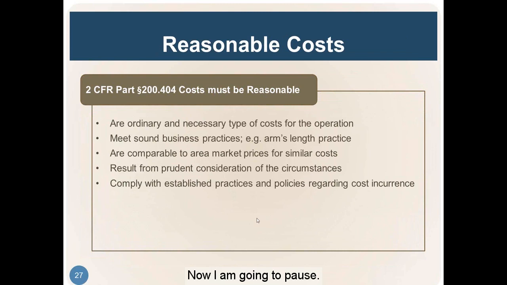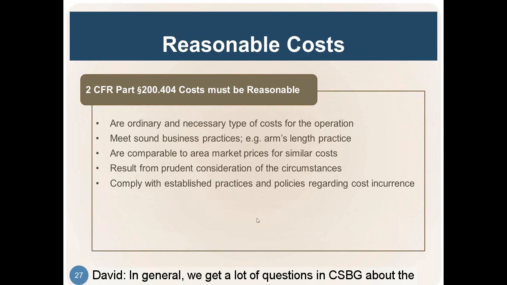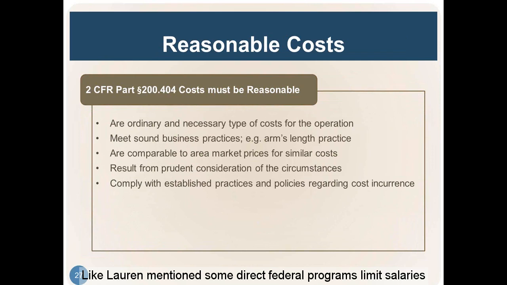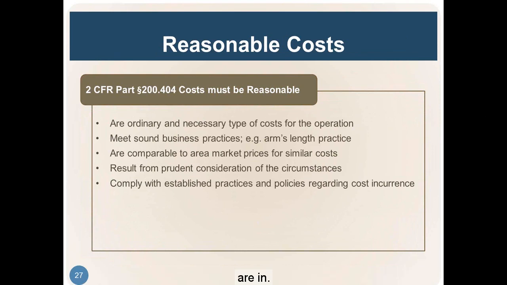Well, in general, we get a lot of questions in CSBG about the reasonableness of some of these extremely high salaries at some smaller agencies. And it does beg the question, what is reasonable? Like Lauren mentioned, some direct federal programs limit salaries paid proportionally to an SES level 2 for whatever region they're in.